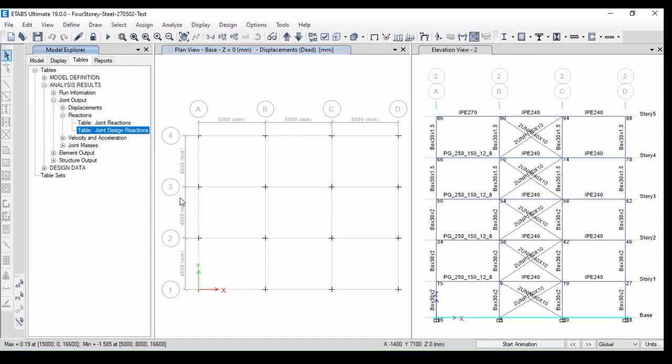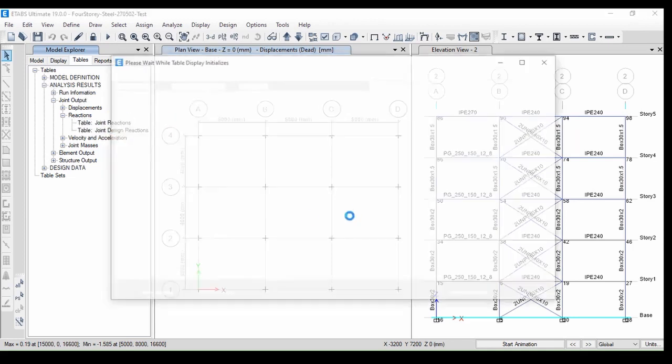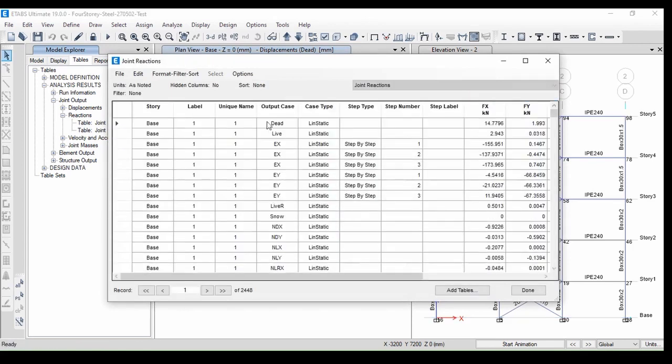Okay, in this part, create an envelope of all your load combinations and run the analysis, but this time without overstrength seismic load. It is very important that you do it without overstrength seismic load. And if you go to the table, then analysis result, reaction, and then joint reactions, then click on show table.